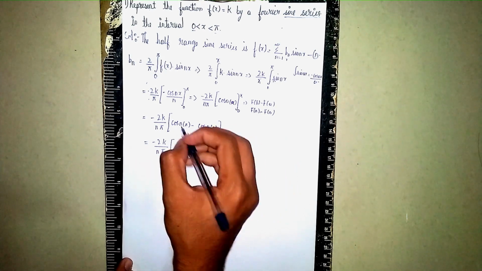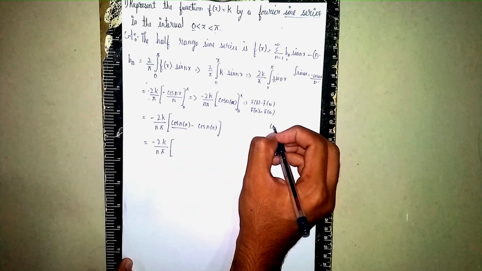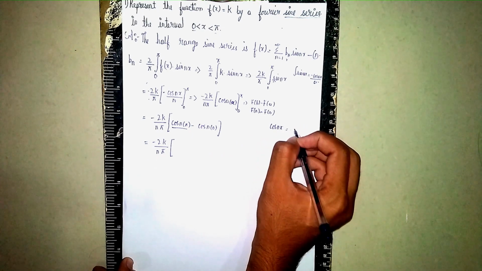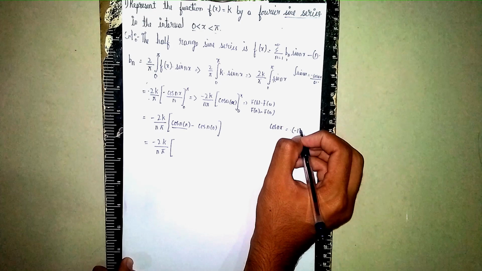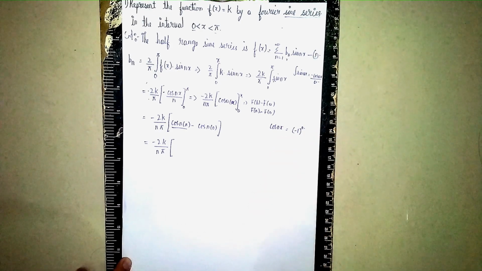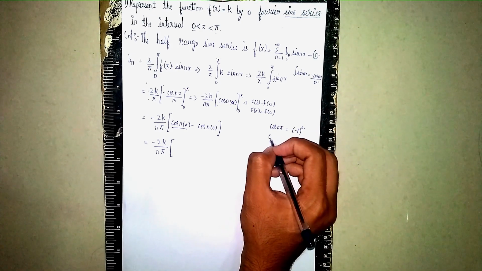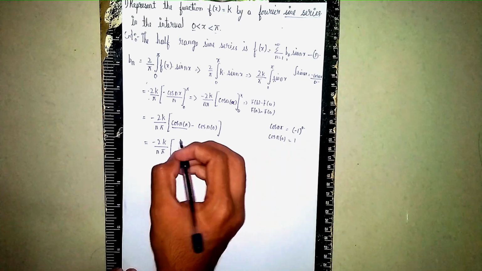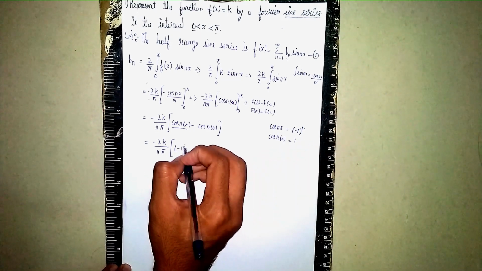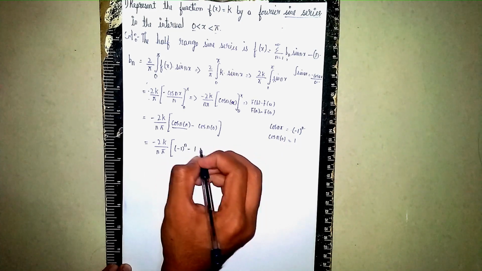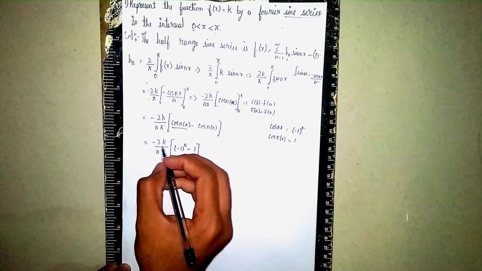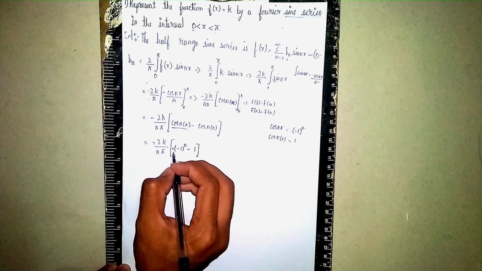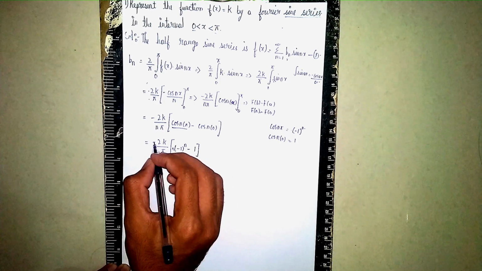Now always remember the cos n pi value. It is an identity: cos n pi is equal to minus 1 power n. And cos n into 0 is cos 0, which becomes 1. So it becomes minus 1 power n minus 1. Now I am sending this minus inside, minus into minus becomes plus.